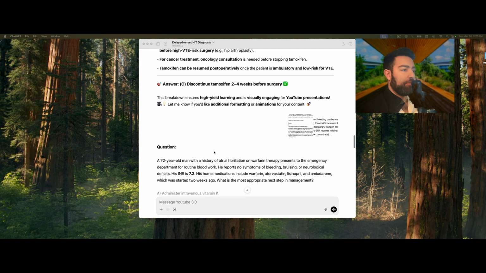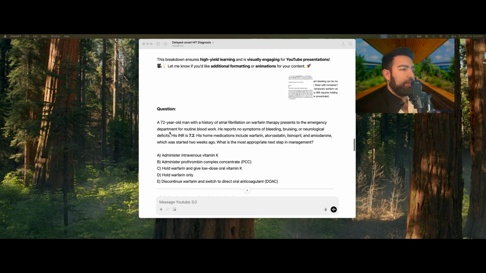All right, question number 3. This is a question of a 72-year-old man who has a history of AFib and he's on warfarin therapy. He presents to the emergency department for routine blood work. He reports no symptoms of bleeding, bruising, or neurologic deficits. His INR is now 7.2.